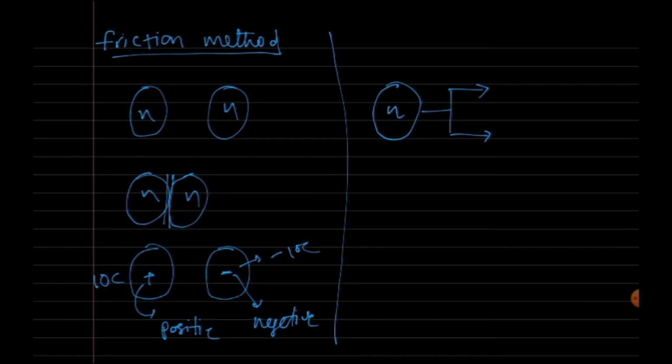So there will be two interpretations, right? Whenever I say neutral object, there is a possibility to consider it as no charge, or you can consider it as net charge 0. Okay. So there will be two interpretations.